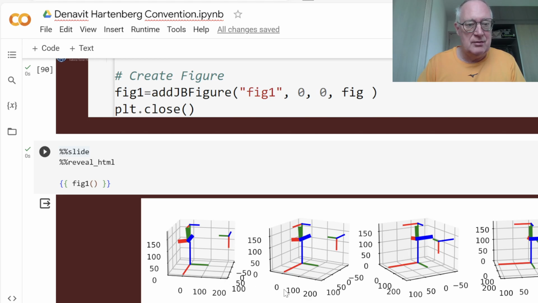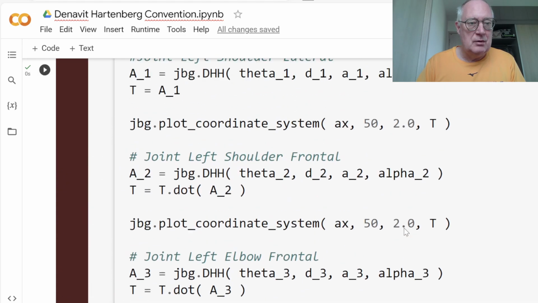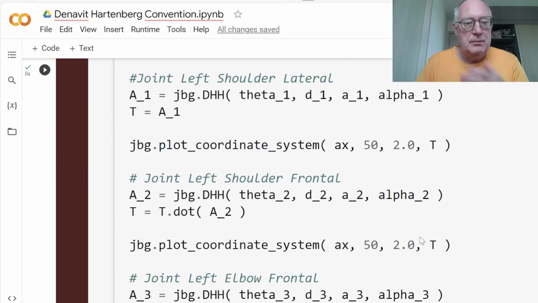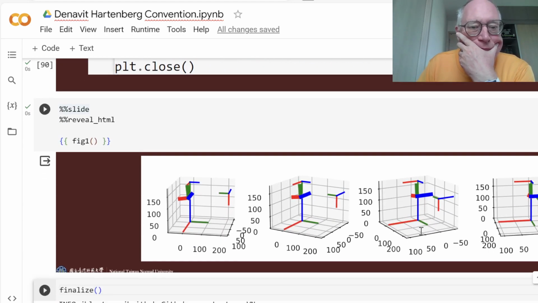So this is 10 degrees, 30 degrees, 60 degrees, and 80 degrees view. And the joint is just moving in the wrong direction there. And that's because X, Y, Z, X, Y, Z. Yeah, it's pointing up, so that's correct.